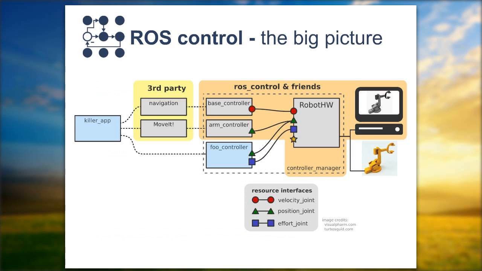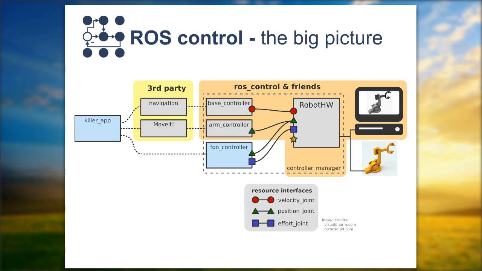Now I would like to present this diagram that tries to convey the big picture of a system in which ROS control is present. At the right, you have your robot. A typical robot scenario involves having an actual hardware platform, but you also usually have a simulation of your robot.